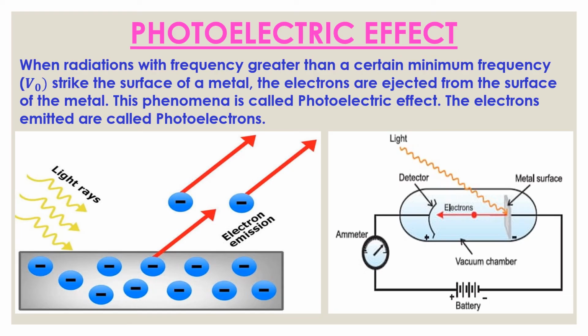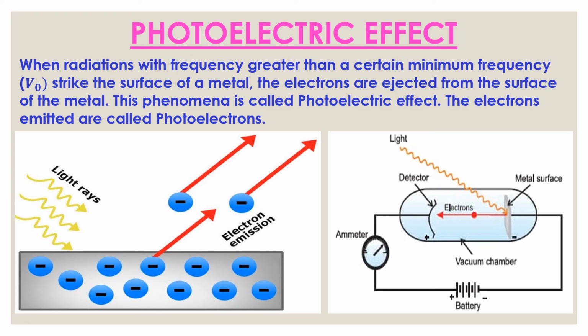And also see the next diagram, that is the apparatus for studying photoelectric effect. The apparatus which is used for studying the photoelectric effect is shown in this figure. It consists of an evacuated tube fitted with a metal surface which is exposed as cathode, and a suitable detector as anode, connected to the external circuit, as you can see.